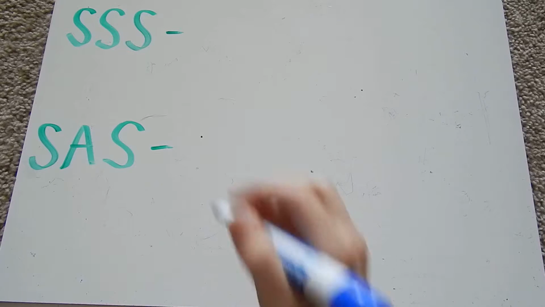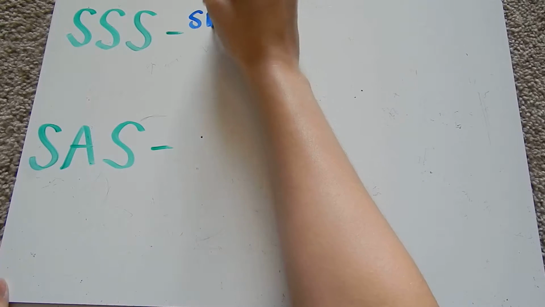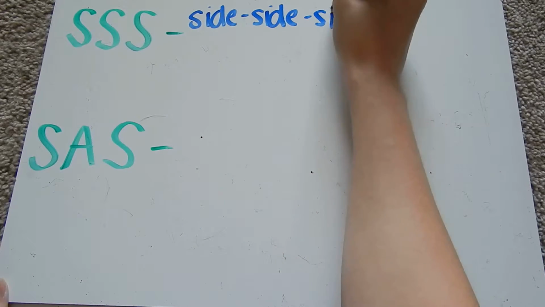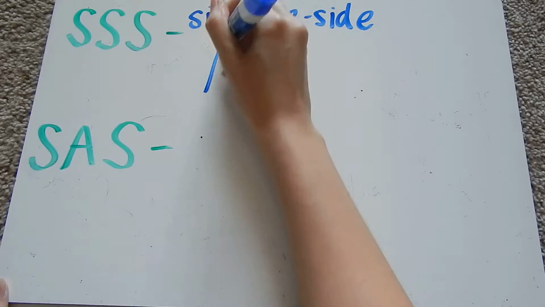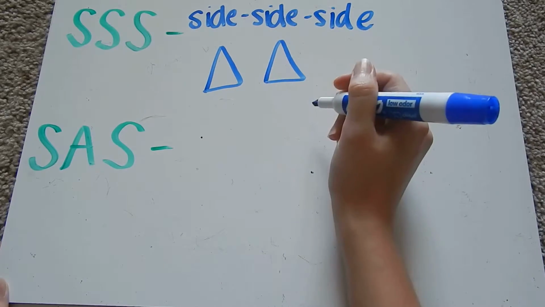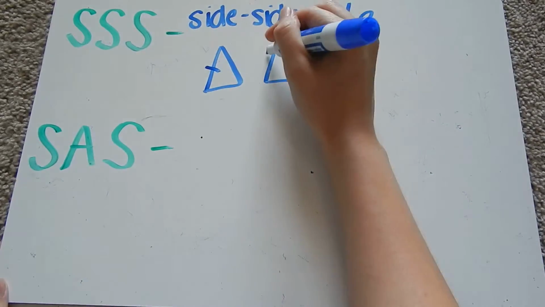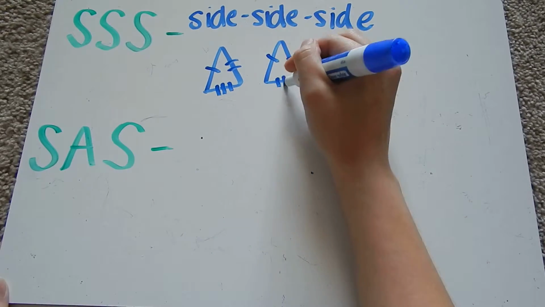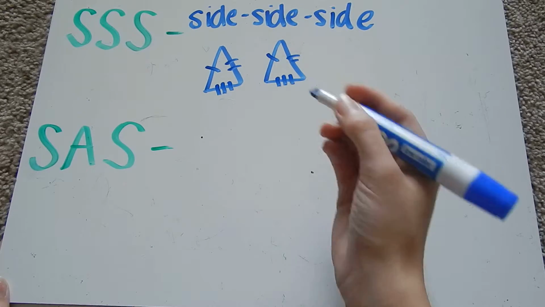SSS stands for side, side, side. Which means if you have two triangles and all three of their sides are congruent to each other, then they are congruent.